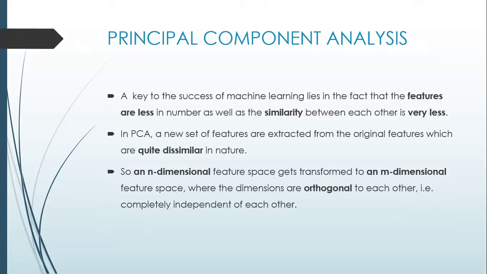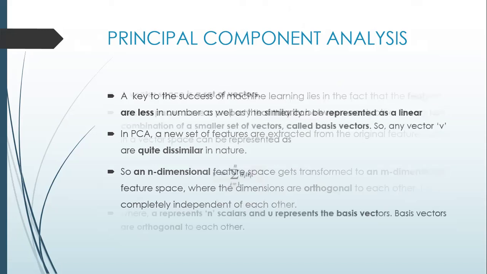Taking n as 10, your m value can be 6 or 7, so m will be less than n. We are reducing the features such that the dimensions are orthogonal in nature, that is, completely independent of each other.